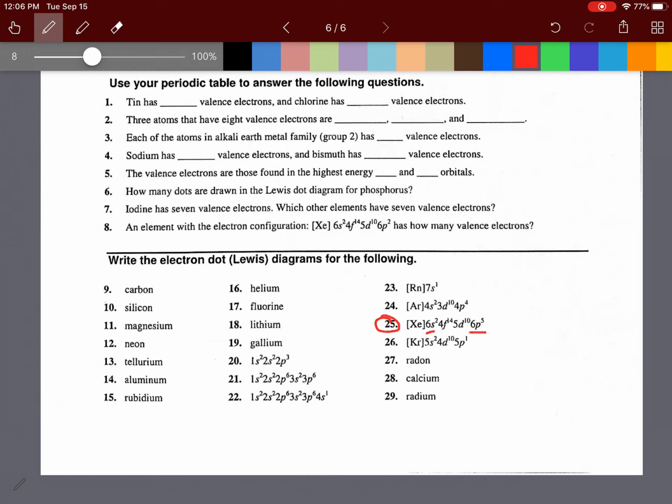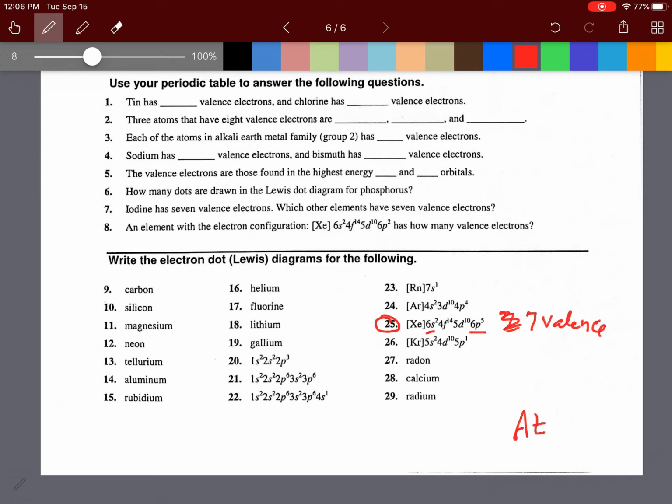I see 6s2 electrons, and I see 6p5 electrons. So this has 7 valence electrons. For 6p5, I go to row 6, 1, 2, 3, 4, 5, 6, over to p5, and this should be astatine.